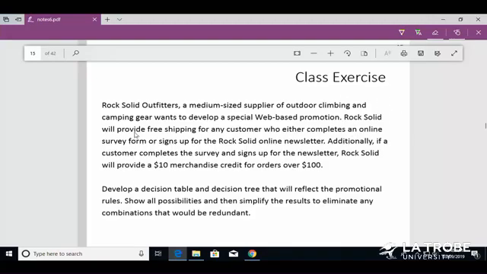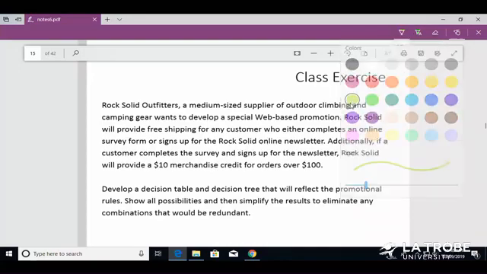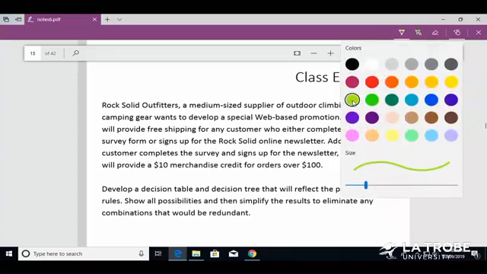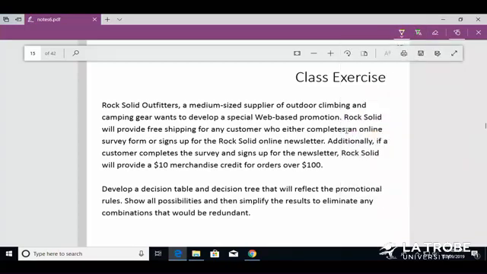All right, so let's read the case together. Look here. Roxol will provide free shipping for any customer who either completes an online survey form or signs up for the online newspaper.